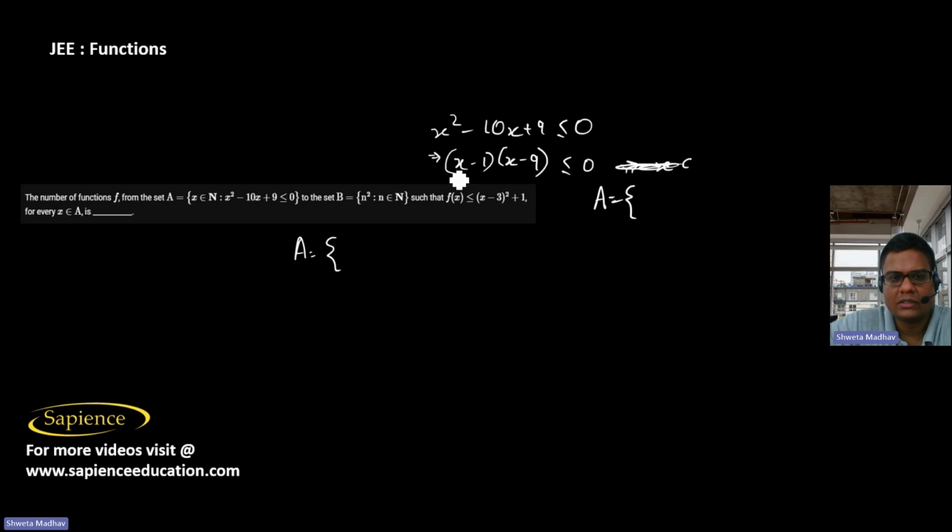We should take all the natural numbers from 1 to 9: 1, 2, 3 till 9.